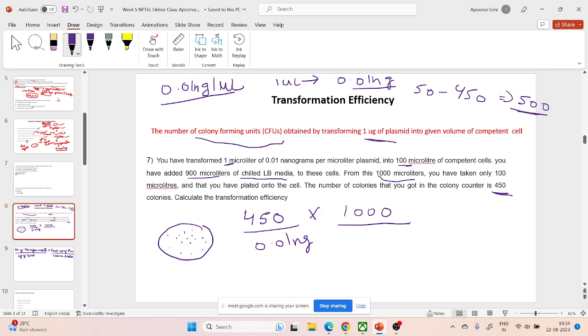No, because then there would be so many colonies that it would be cluttered, and you have to screen for individual colonies. Therefore, whatever the final volume of recovery, you take only a few microliters from it. Here they have taken 100 microliters, so I also take 100 microliters. The volume plated is the actual volume added to the plate, so that is 100. Now calculate this and tell me how much it is coming.